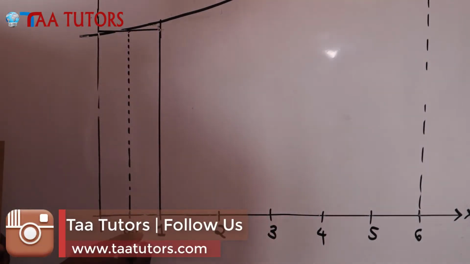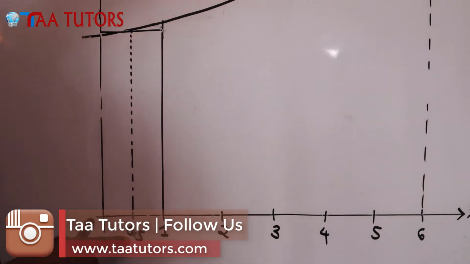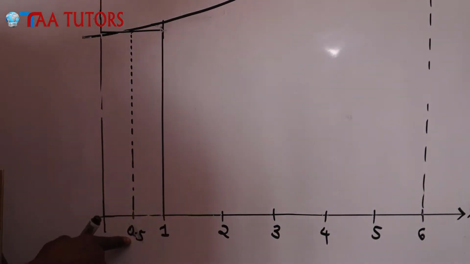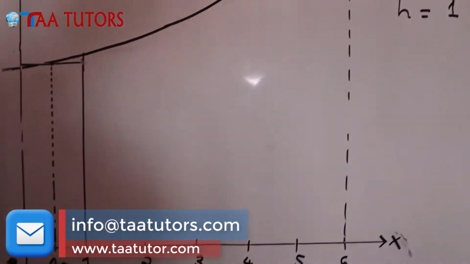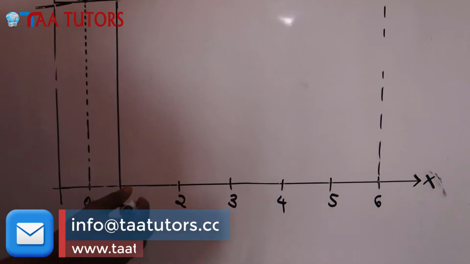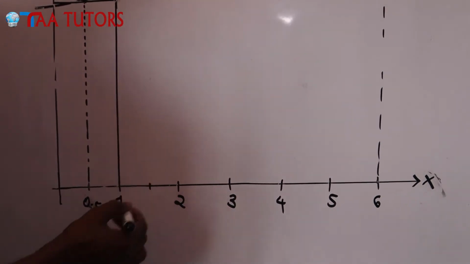This is 0.5. So if you have the first mid-ordinate as 0.5, the next mid-ordinate will be 0.5 plus h, and h is 1, so 0.5 plus 1 will be 1.5, the center of the second ordinate here.